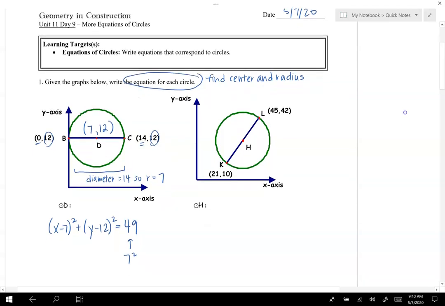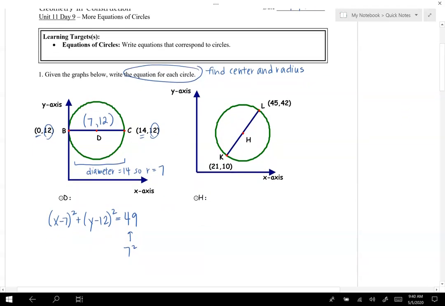All right, now this one's a little trickier, but not impossible. So we can start again. We can find the diameter. So we got the 2 points, and if you have a slant on the grid, you just make a right triangle, and we use Pythagorean theorem again. So let's see, we go from 21 here to 45. So 45 minus 21 means that this side is 24. And then we're going to go from 10 on the y to 42.